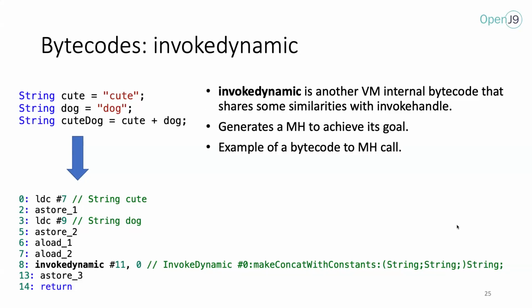Invokedynamic generates MethodHandles on the fly to achieve what it's doing. In the string concat example here, string concat is converted into invokedynamic to perform the concatenation operation by calling a MethodHandle for makeConcatWithConstants.